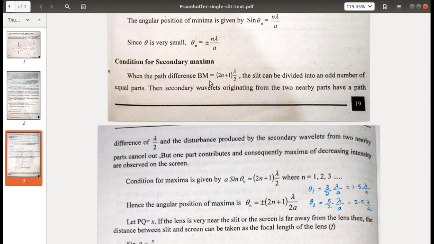In this situation, we can divide the slit into an odd number of equal parts. Then the secondary wavelets originating from two nearby parts have a path difference of lambda by 2, and the disturbances produced by the secondary wavelets from two nearby parts cancel out, but one part contributes, and consequently maxima of decreasing intensities are observed.